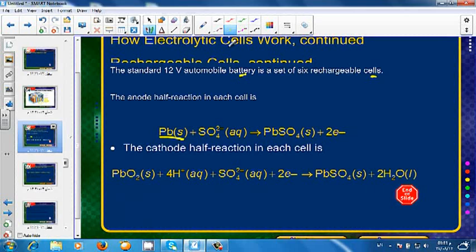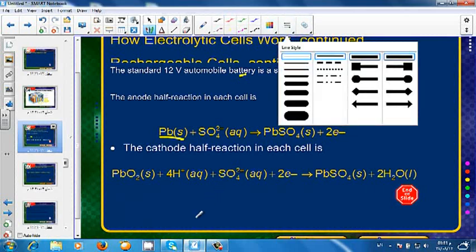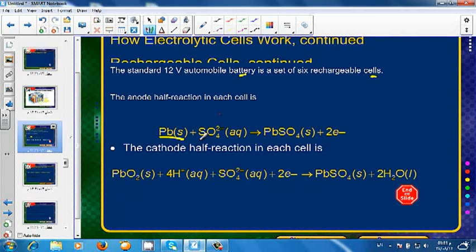The lead atoms react with the sulfate ions in the solution, because we said we provide sulfuric acid solution, H2SO4 (aq). So they lose electrons.